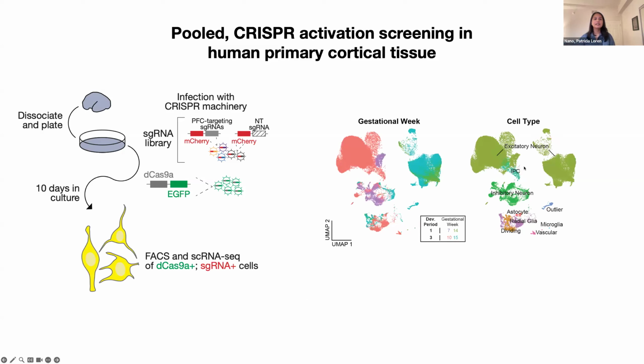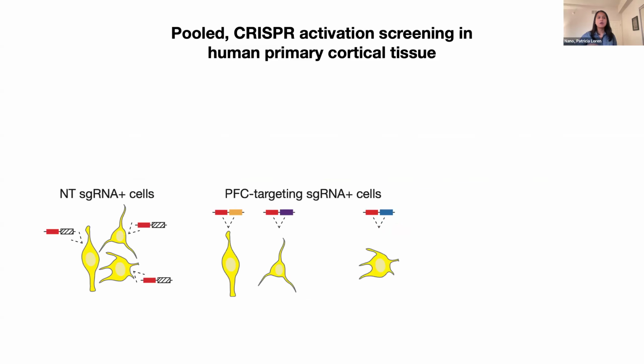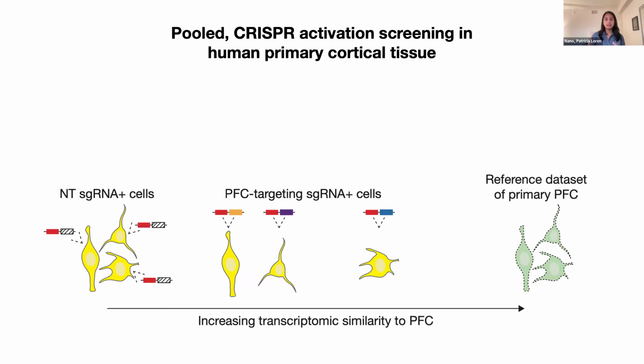Okay. So now with these perturbed cells in hand, I've developed a bioinformatic pipeline to ask what are the guide RNAs and therefore what are the perturbation targets in each of these cells and how do those perturbations make them closer to our reference data set, that is a single cell transcriptomic data set of the developing human primary prefrontal cortex.